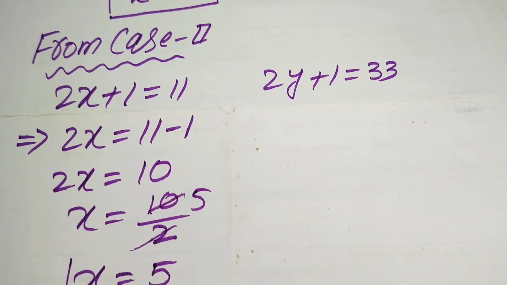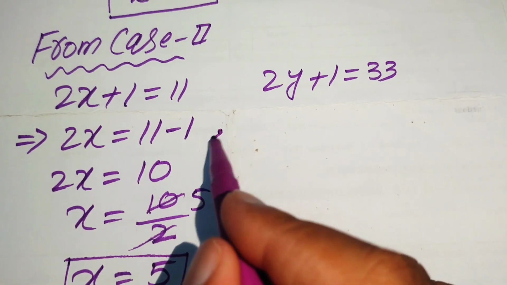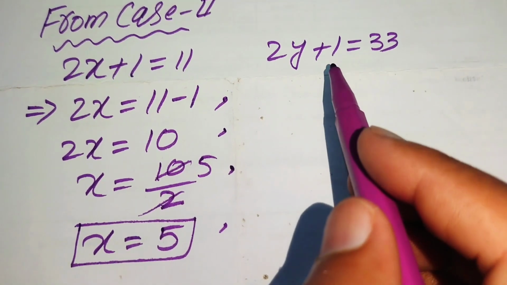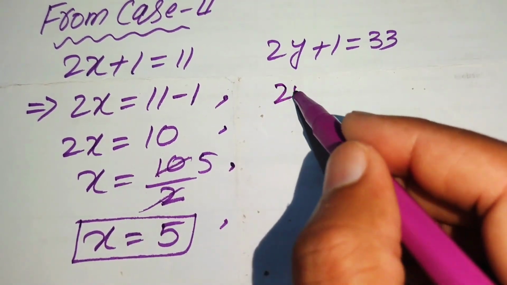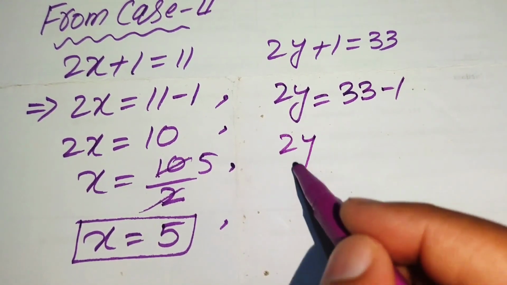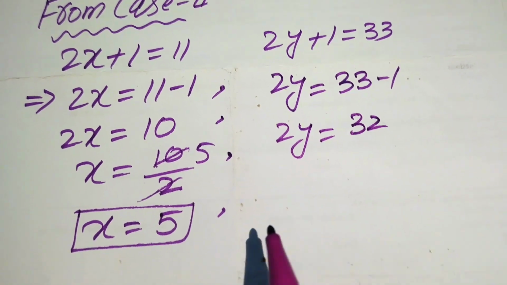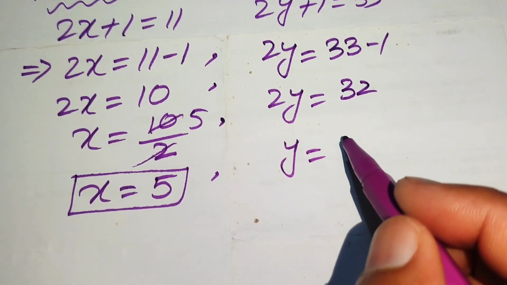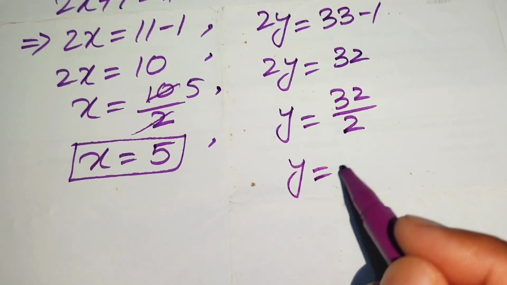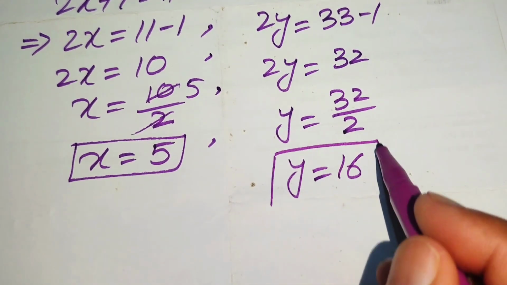2 fives are 10. After that we solve the other equation: we move this plus 1 to the right hand side and get 2y equals 33 minus 1, so 2y equals 32. So y equals 32 divided by 2, and we get y equals 16.